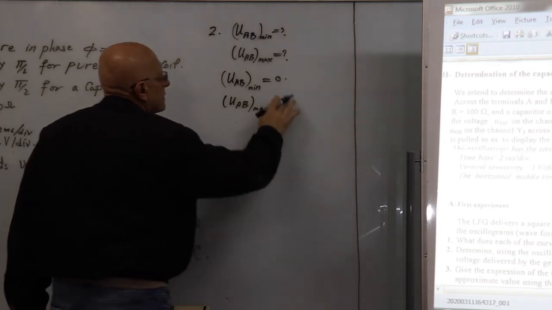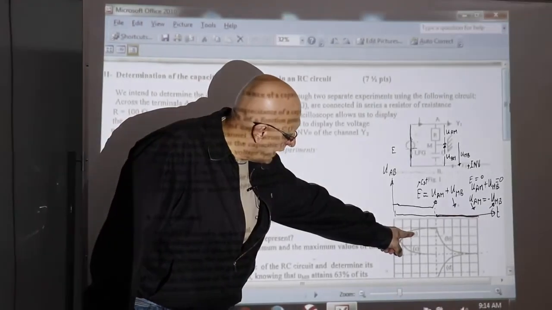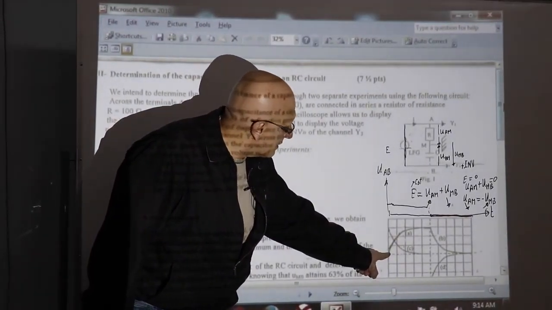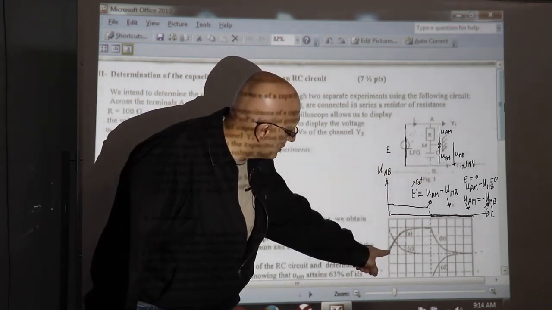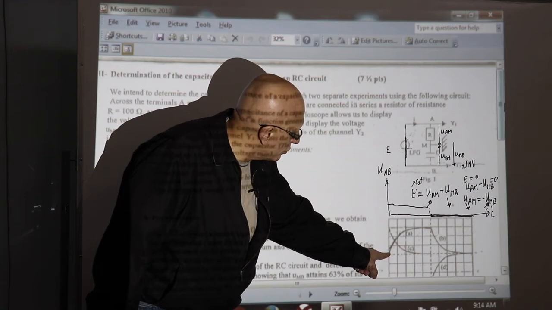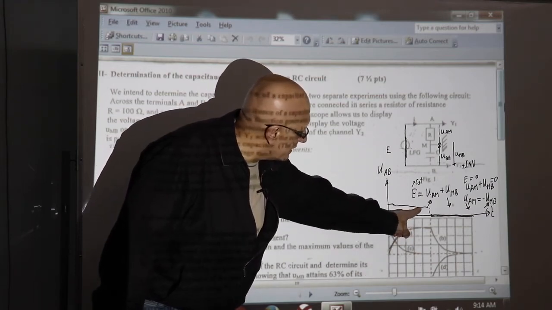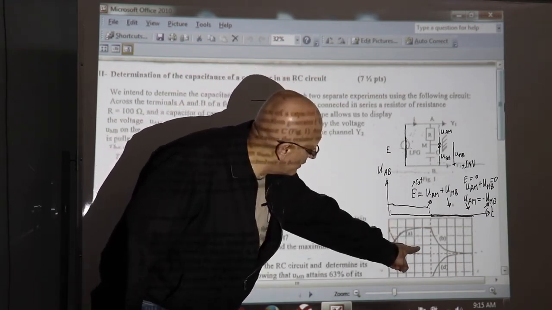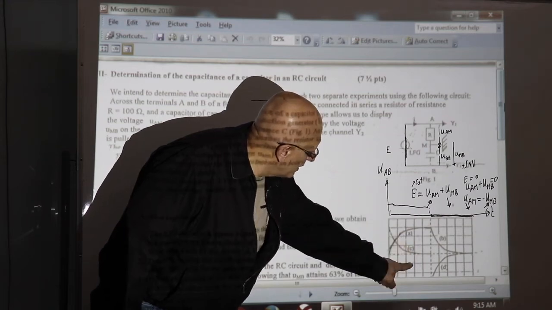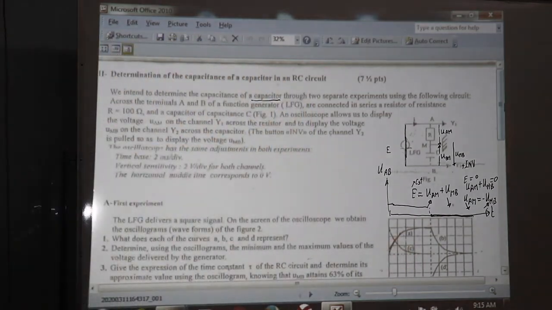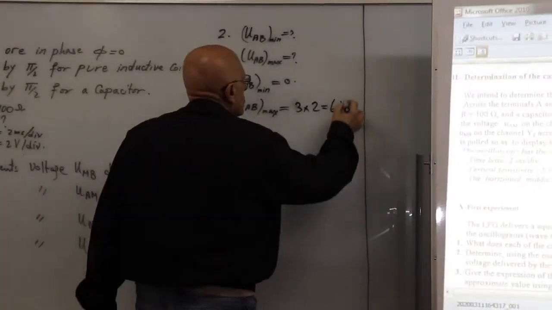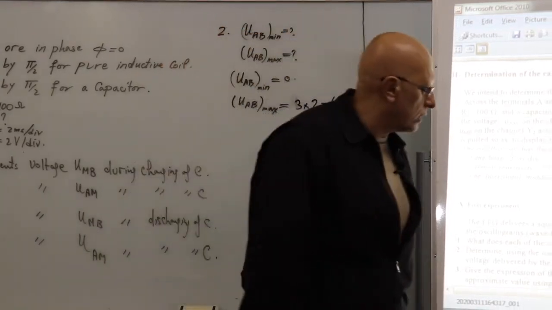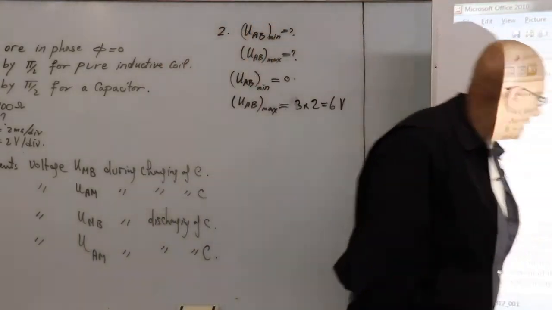As we said, if you take the voltage of A, which represents the voltage UC during charging, the voltage increases from 0 to a maximum value, which is E. So E represents here 3 divisions, 1, 2, 3. 3 divisions times the sensitivity, which is 2, gives you 6 volts. So the maximum value is 6 volts, which is also the voltage of the low frequency generator.